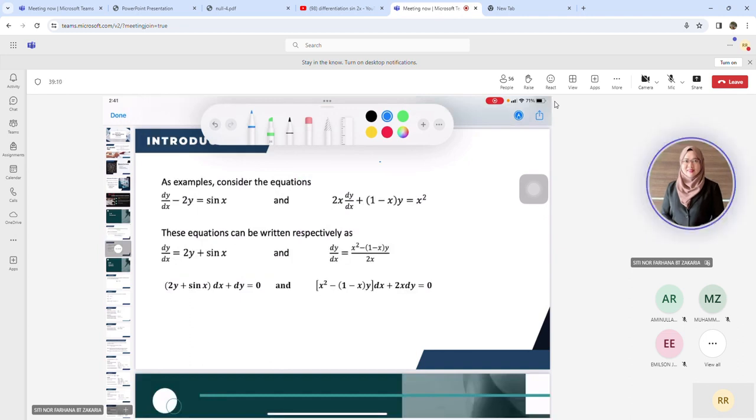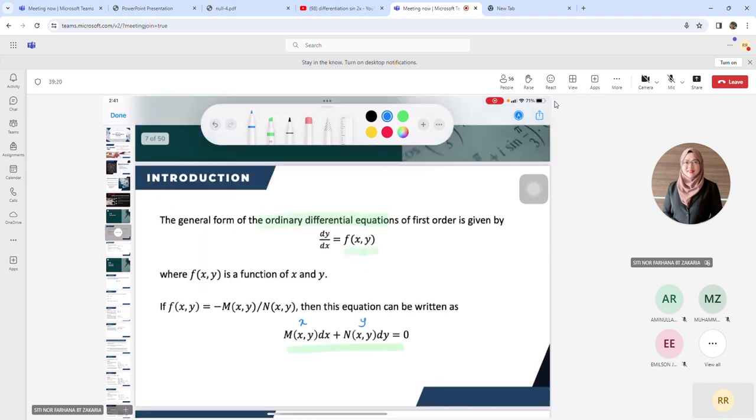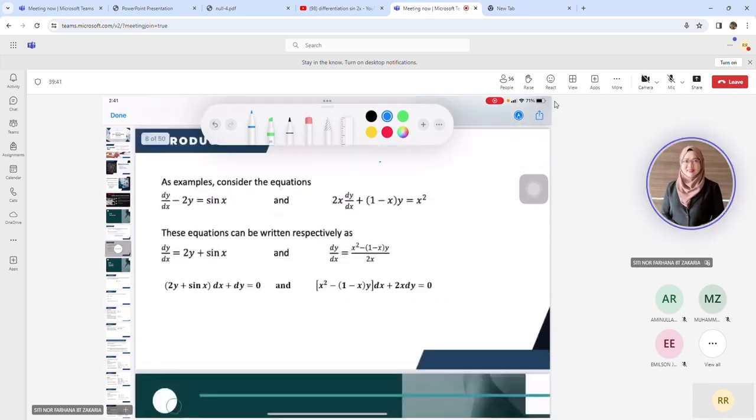So for example, this one, oh sorry, this one is not yet in variable form. If you can rewrite and form the DE in this form, then we call it an ordinary differential equation. So in this example, try to rewrite this one.